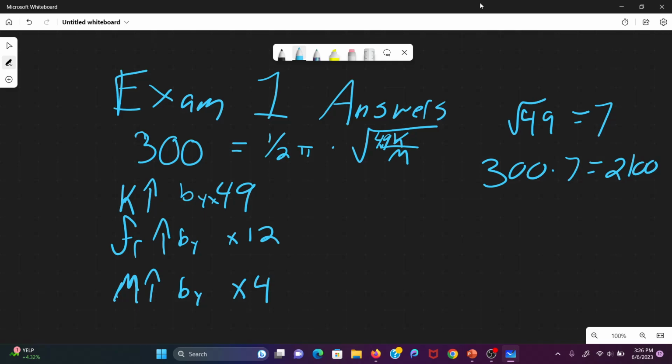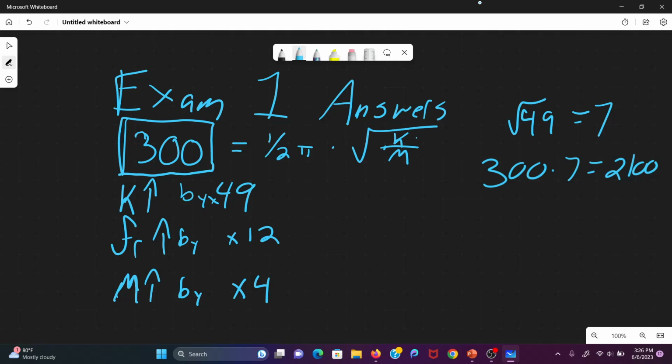Next thing is resonant frequency is increased by 12. I think this is where some of you were a little confused, and the reason for that is, let me get rid of this. There we go. The reason is you're looking for stiffness is up here. Mass is here. And resonant frequency, it says what happens to the resonant frequency is increased by 12.